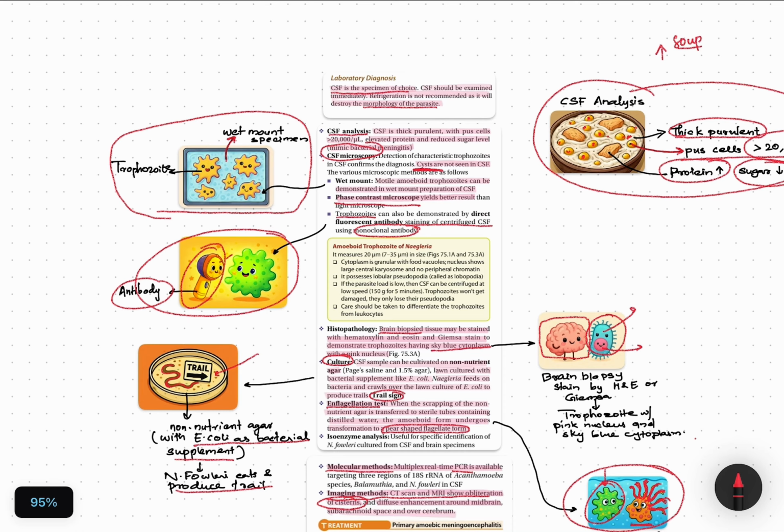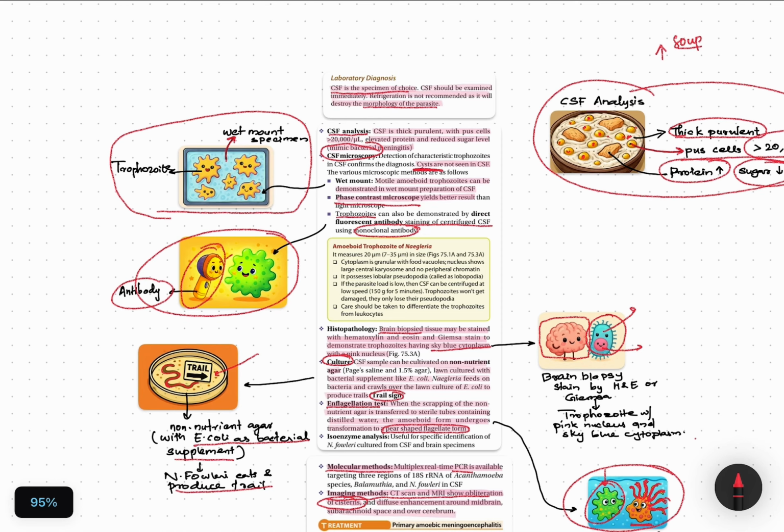Next, I'll remember there was a picture of some amoebas in the bathtub. So it represents the wet mount specimen showing the amoeboid form. The wet mount specimen will show only the amoeboid form. Then there was a picture of a torch directly lighting the amoeba. So trophozoite forms can also be demonstrated by using direct fluorescent antibody.